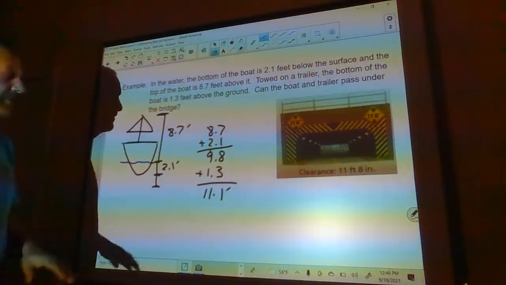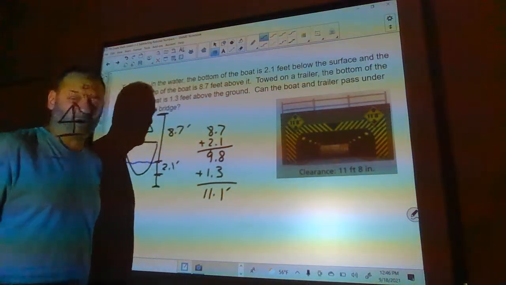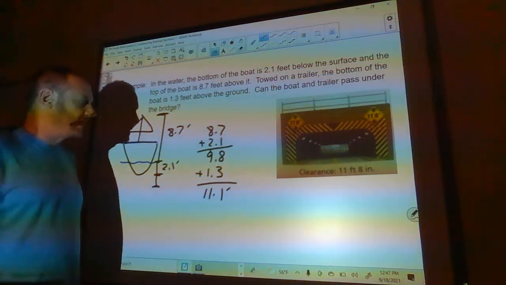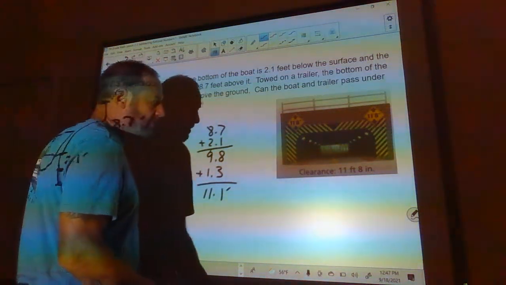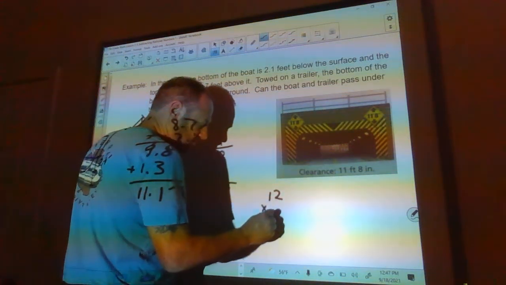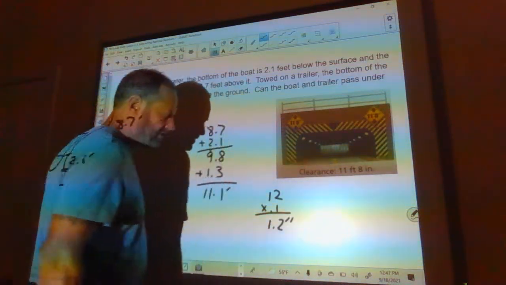Now the only thing you've got to be careful of here: 0.1 feet is not 1 inch, and a lot of people make that mistake. Remember there's 12 inches in a foot, so 12 times 0.1 is 1.2 inches.